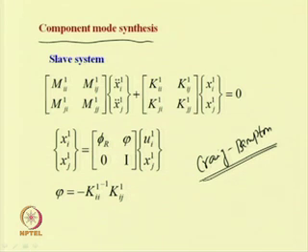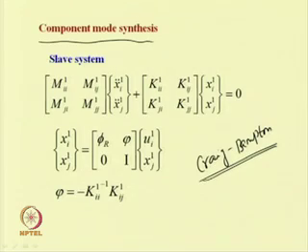So we will use two different types of substructure, in which we can use both generalized coordinates and physical coordinates. The degrees of freedom associated with the nonlinear terms we will keep in the physical coordinate, and the other terms we will write using the generalized coordinates.